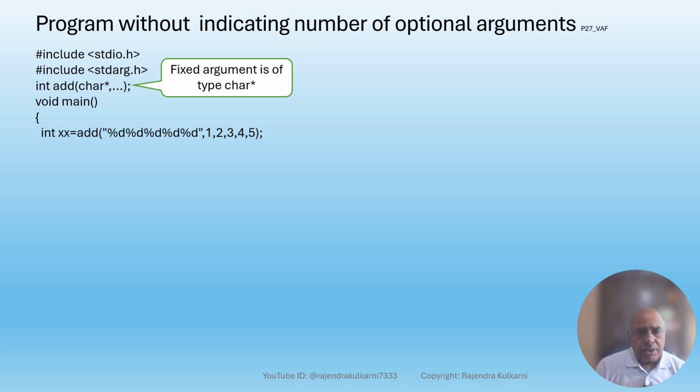add. And in the call, I am mentioning the string of %d%d, and that string will be containing 5 format specifiers, as we are going to send 5 variables to this function.